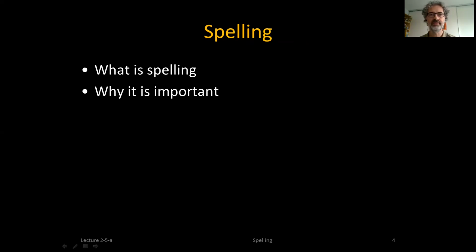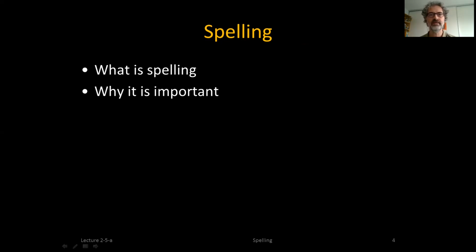Spelling is important because spelling develops along with learning to read. So as one is exposed to reading and practices reading over and over, and one's phonological awareness improves as a result in part of learning to read, these things grow and they kind of take spelling with them. So spelling is an indication of your reading development.